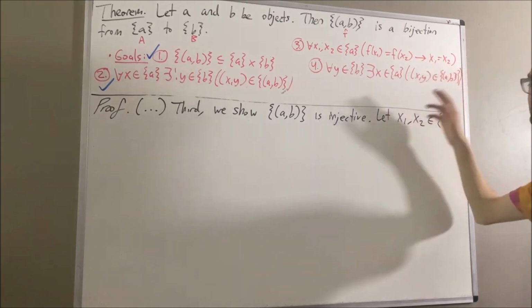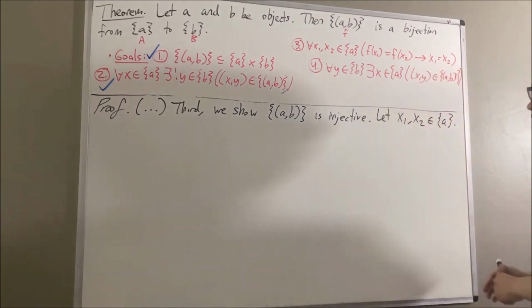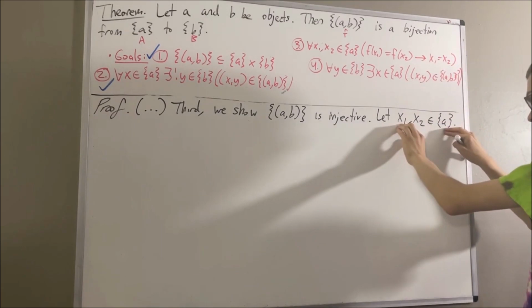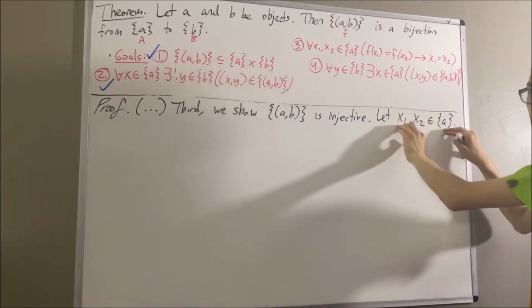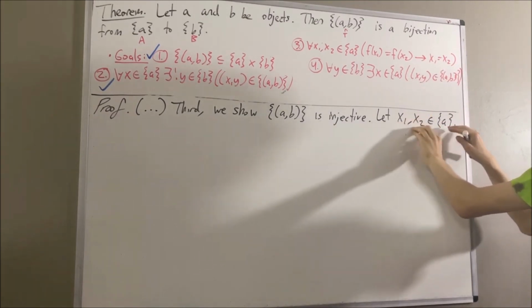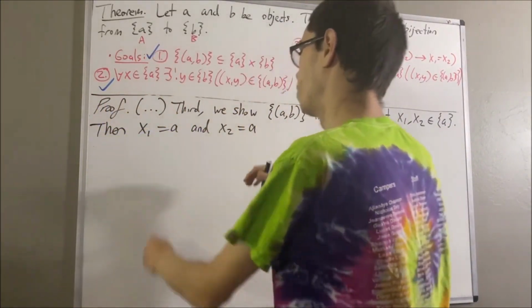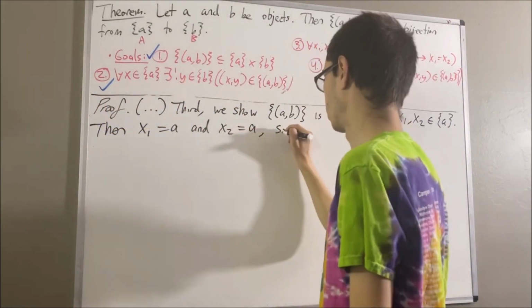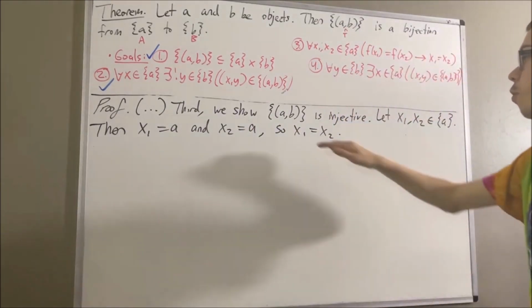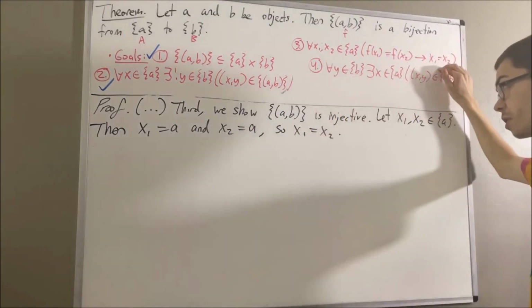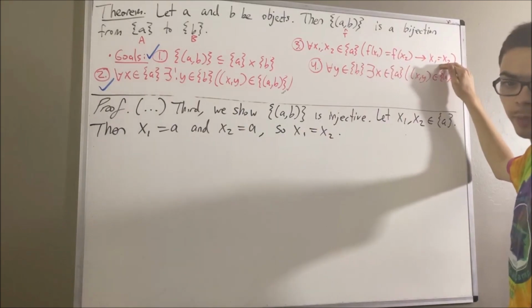So let's just prove x1 is equal to x2, right? Because x1 is an element of the singleton set of A, x1 must be equal to A. Similarly, x2 is also equal to A. So x1 is equal to x2. So we have proven the conclusion of this conditional statement.